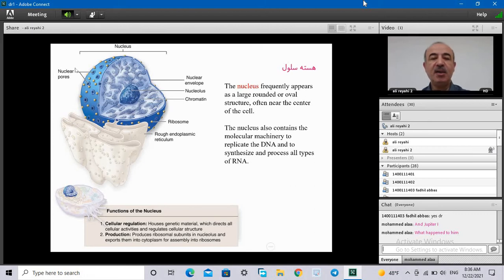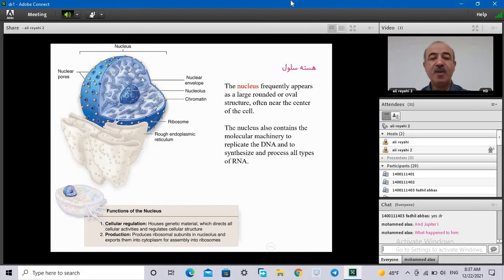And usually the nucleus is located at the center of the cell, but sometimes it's located near the base of the cytoplasm, for example. And some cells have more than one nucleus, but usually each cell has one nucleus. The nucleus also contains the molecular machinery to replicate the DNA.